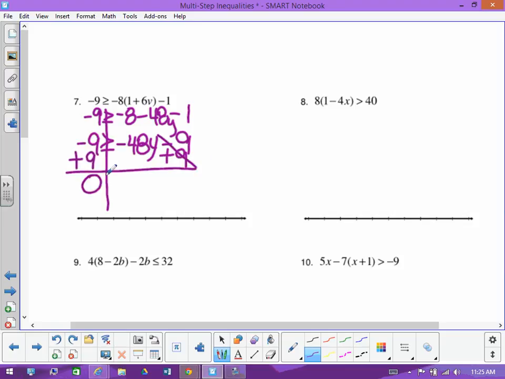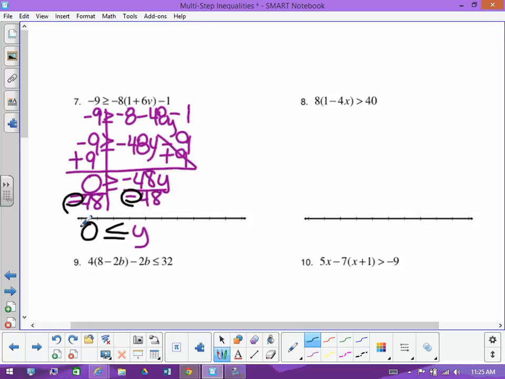This one gives us 0. How do we get rid of negative 48? Divide. So if I divide both sides by negative 48, what's 0 divided by anything? 0. And because we divided by a negative, we've got to flip the sign.